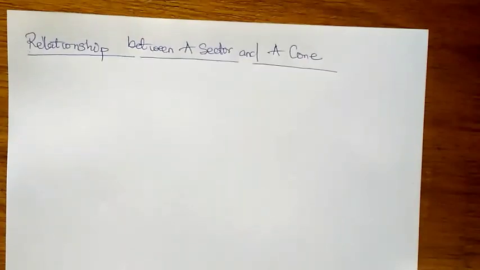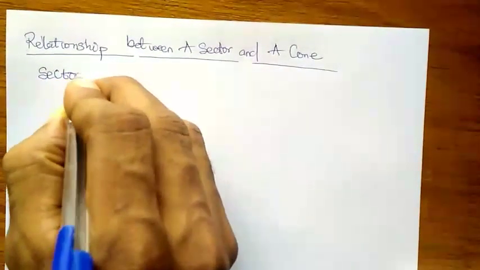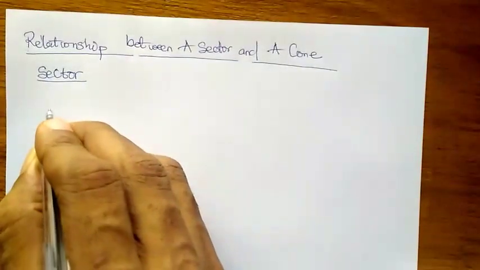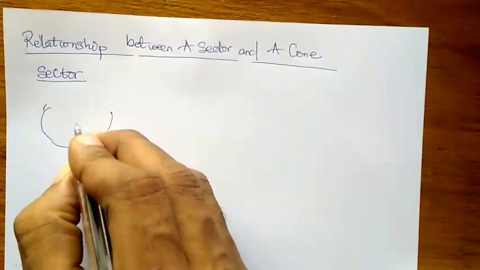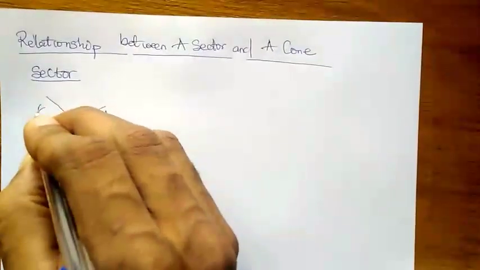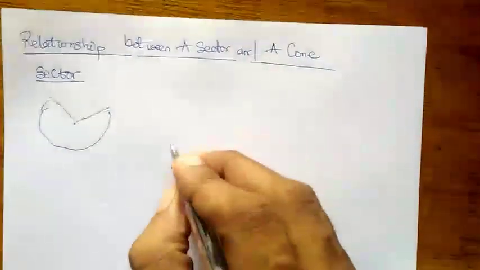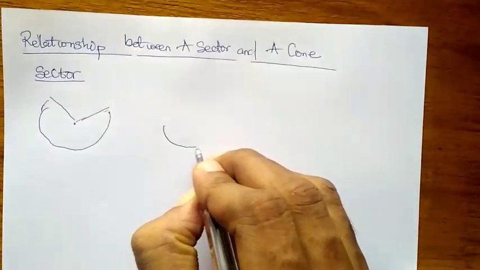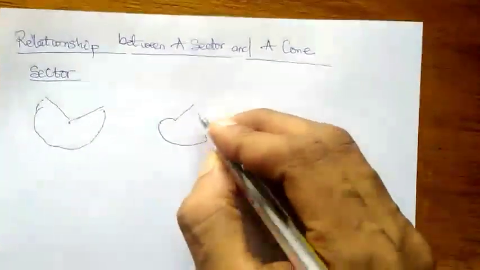First of all, we have to see how a sector forms a cone. Now we're going to draw the diagram of the sector. That's what we are drawing now. We have the radius of the sector. Now we are going to try to bend the sector.